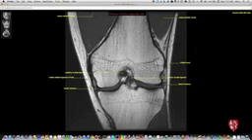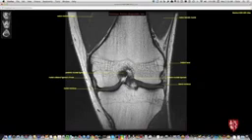I like to look at one series, or one imaging plane, focus on as much as I can, and then go to the next plane to reinforce that information. The final plane can show other things that maybe weren't visible on the first two planes, and try to refine and finish up the case. So that's the general concept.